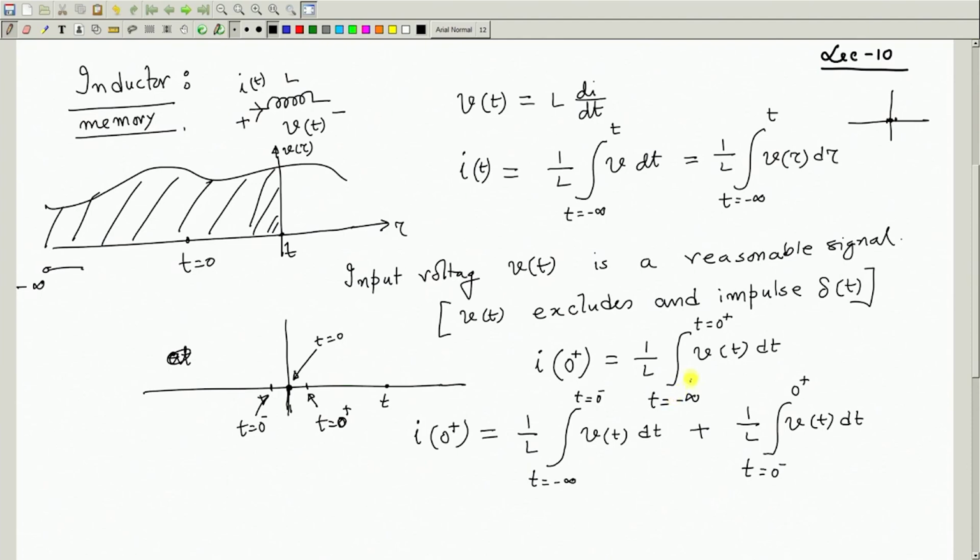So, the same thing is now broken up into two pieces. One is from minus infinity to 0 minus, then from 0 minus to 0 plus, to get the current I 0 plus.